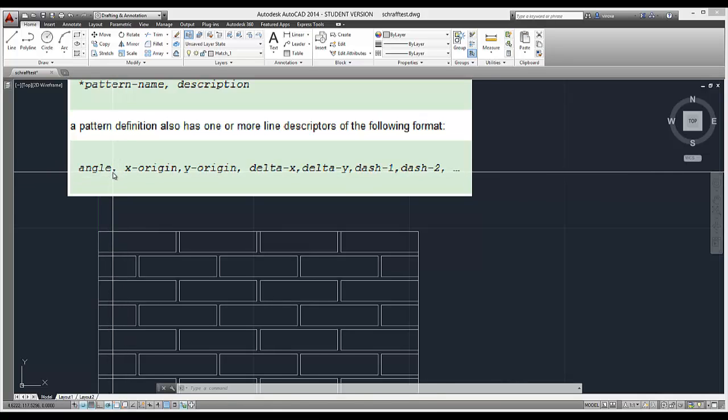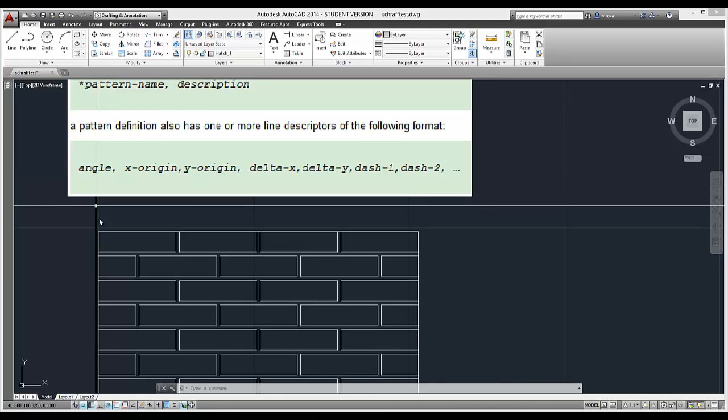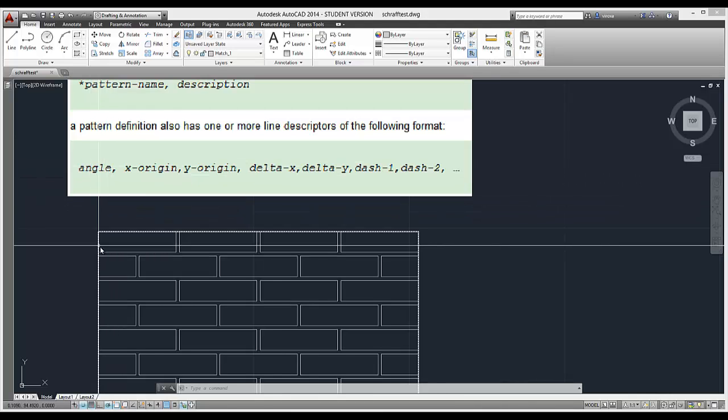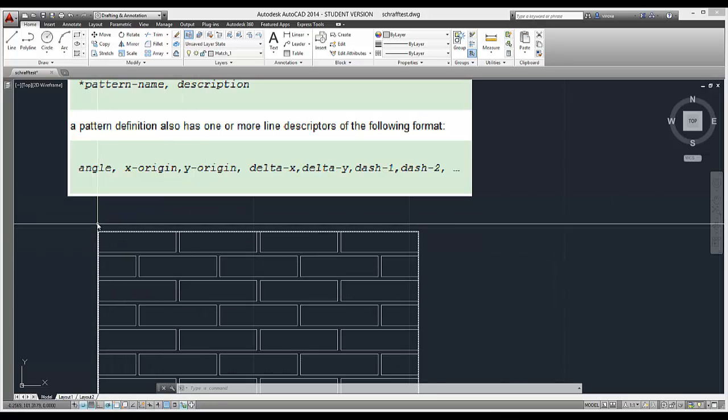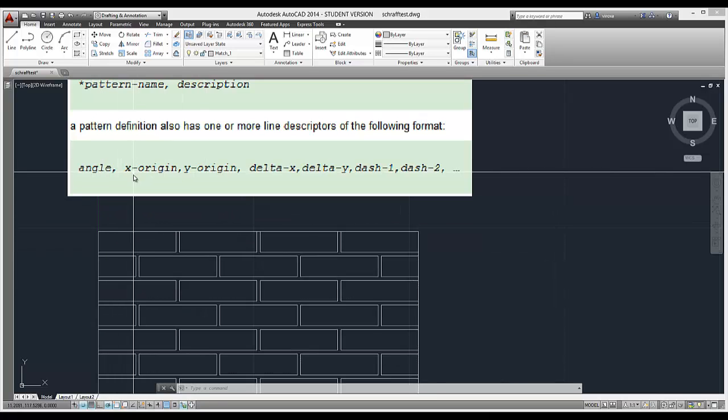The first value is the angle, in which direction you're drawing the line. So a value of 0 is horizontal lines and 90 is vertical lines, of course. Then with the next two parameters you specify the origin from where AutoCAD should calculate the hatch pattern.